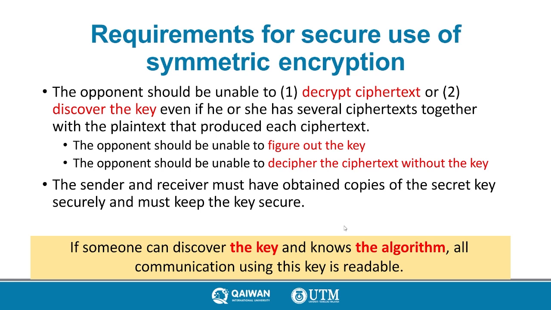Now, the sender and receiver must have obtained copies of the secret key securely and must keep the key secure. Because we know that symmetric encryption uses the same key for encryption and decryption. If someone discovers the key and knows the algorithm, all communication using this key is readable, and that would be a breach of our confidentiality.